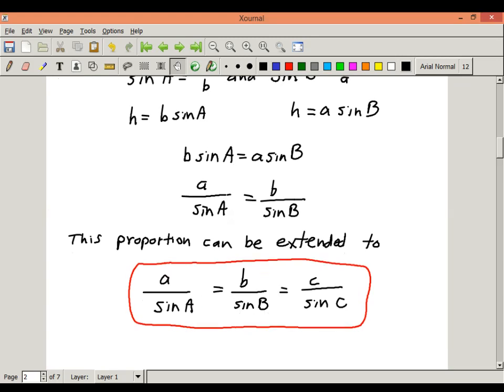This is the law of sines, and it says any side of a triangle divided by the sine of the angle opposite that side, so in this case, side a and sine of angle A, will be equal to side b and the sine of angle B, so another side angle pair. And that's also equal to the third side of the triangle, which I called c, and the sine of the angle opposite that. So these ratios are true for every side angle pair in a triangle, and that's called the law of sines.